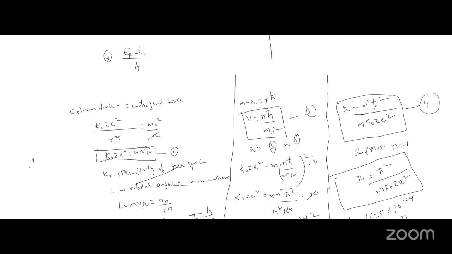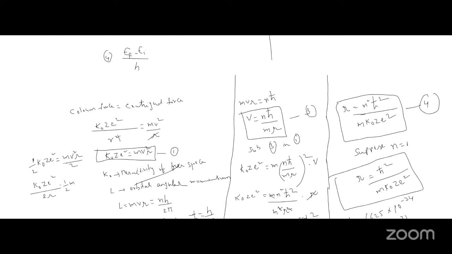What you will get? 1 by 2 K naught Z E square equal to M V square R by 2. So K naught Z E square by 2 times R equal to 1 by 2 MV square.